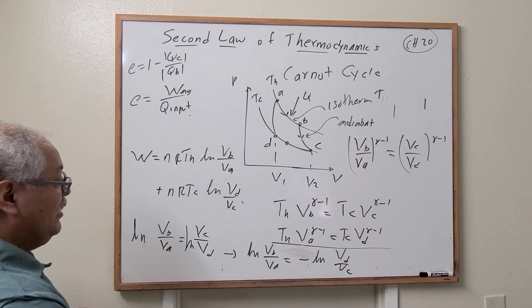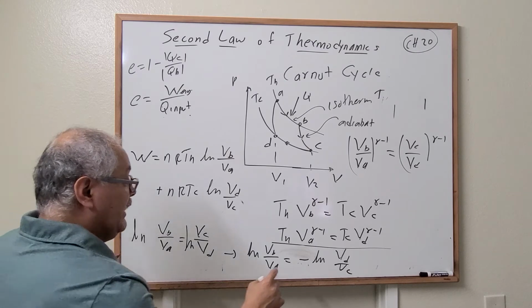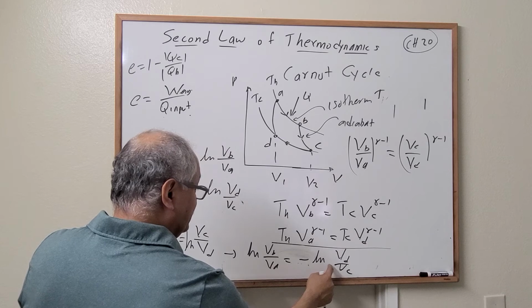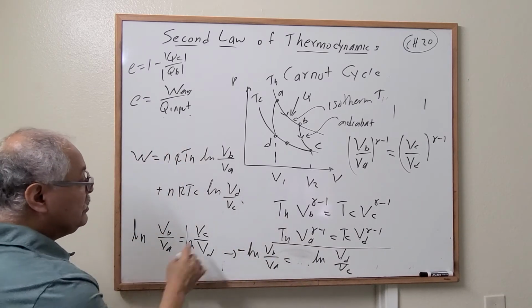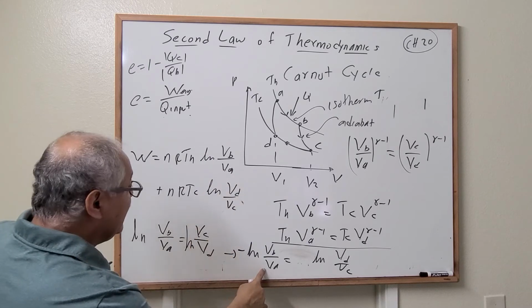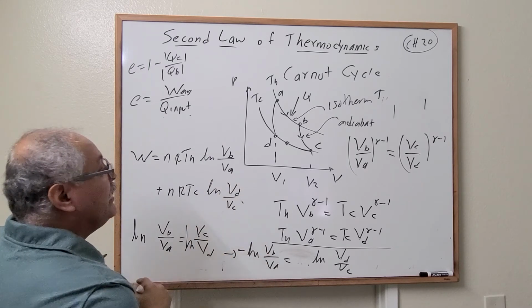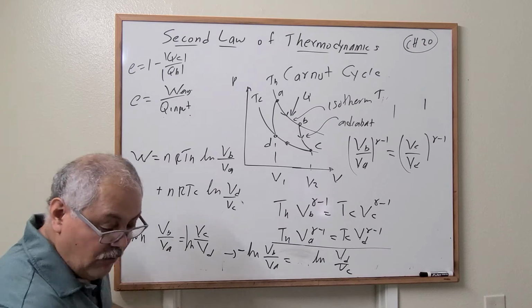Can you see it? So this quantity equals negative this one. Okay, perfect. And then what do we have?